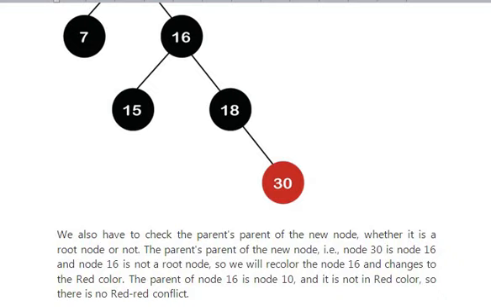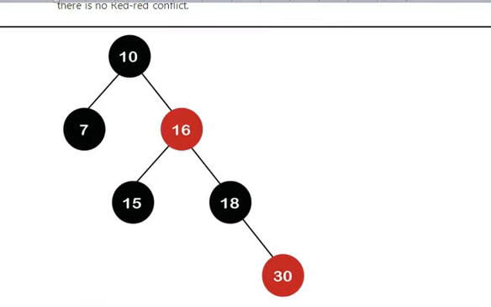The parent of the new node 30 is 18, and 18's parent is 16, and 16 is not a root node, so we will recolor the node 16 and change it to red color. The parent of node 16 is 10 and it is not in red color, so there is no red conflict. You need to observe this. So we have 16 in red now.